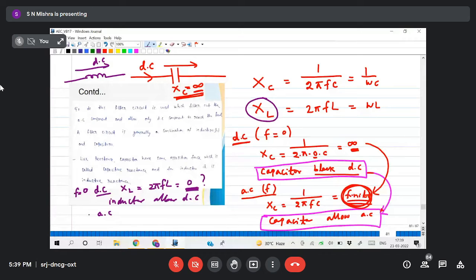AC means it will have some frequency, so XL will be equal to 2 pi FL, so it will be finite. Earlier it was not offering any resistance. Now it is offering some resistance. So I can write, inductor blocks AC. Here also it is comparative, not absolute.